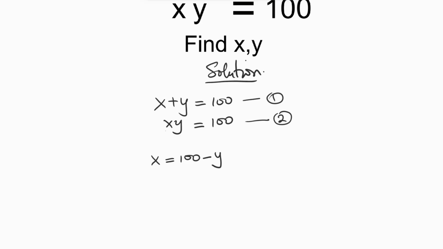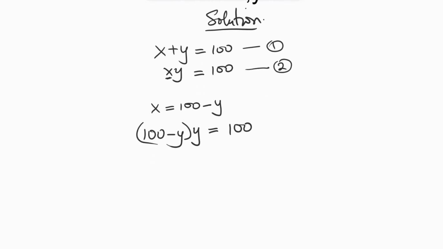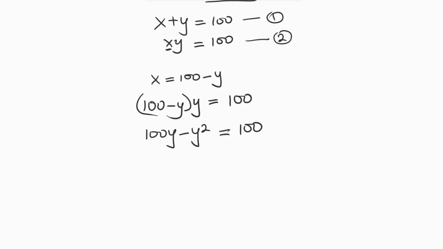So where we have x in equation 2, we put 100 minus y equals 100. So let's open up the parentheses by multiplying through. 100 times y will give us 100y, minus y times y will give us y squared, and that is equal to 100.